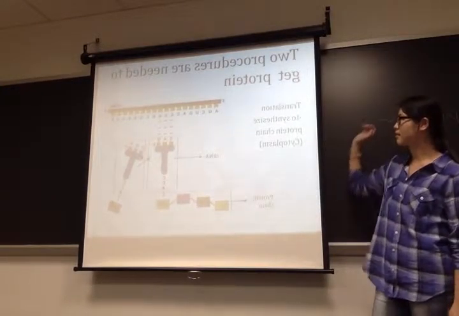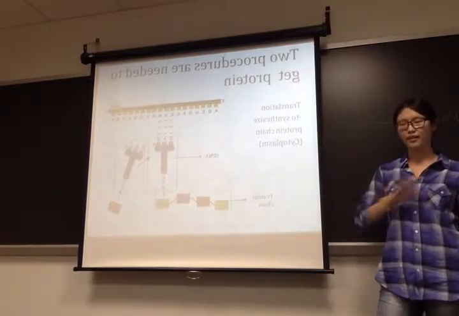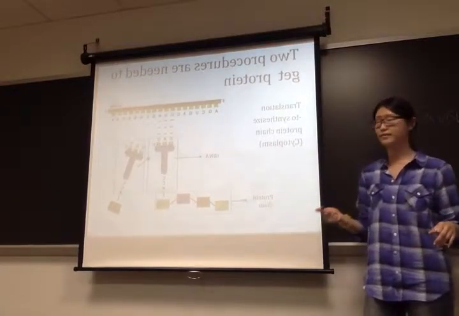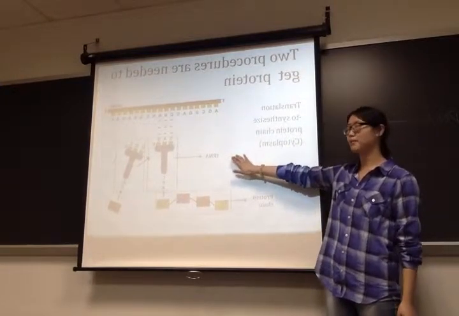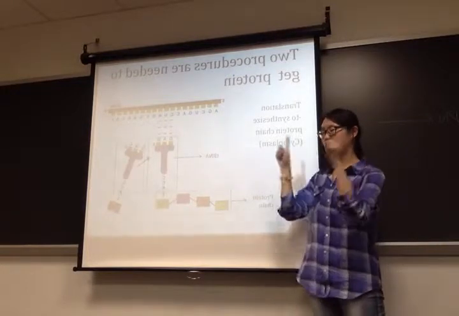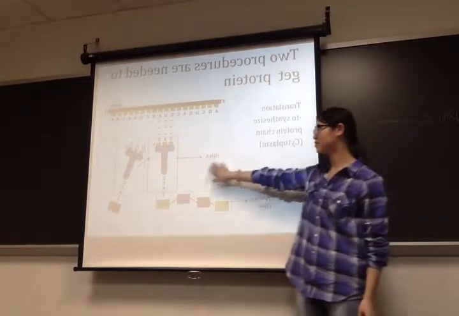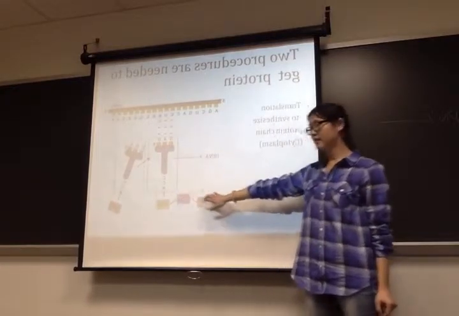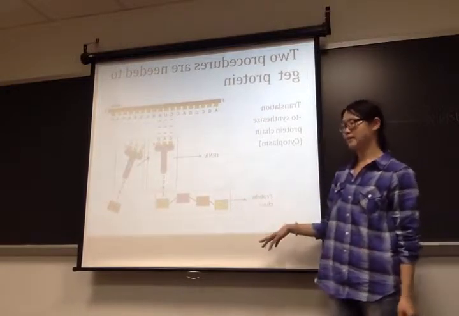In the first procedure, we get mRNA, and the mRNA will get out of the nucleus and enter the cytoplasm. In the cytoplasm, the mRNA will encounter tRNA. I have mentioned these two parts can combine with each other. Another thing is the tRNA also carries amino acids.